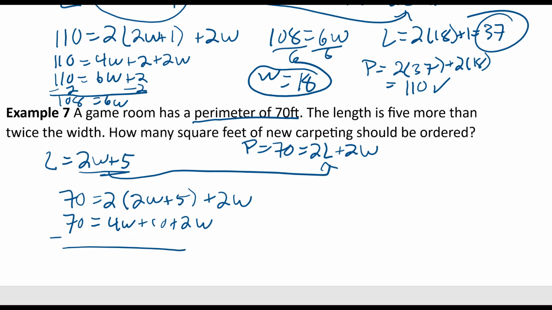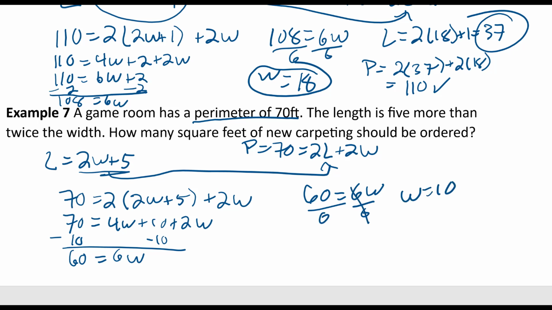I was going to say it's not going to divide evenly. Subtract the 10. So we'd have 60 equals 6W. So if 60 is 6W, we can divide by 6, and we have W equals 10. And the length is 2 times 10 plus 5, which is 25.